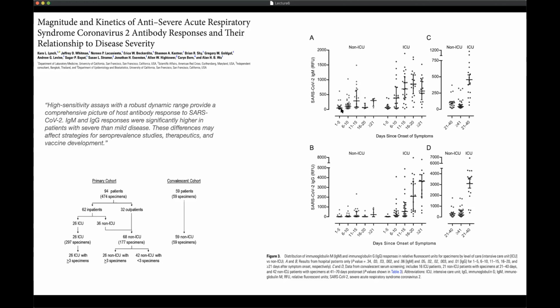In order to compare apples to apples, you would take non-ICU 1 to 5, ICU 1 to 5, and see whether they're different. It doesn't seem there's a whole lot going on early, but once you get to, say, 16-20, so 3 weeks into infection, non-ICU is basically where it was in the beginning. But in the ICU patients, there's a much, much higher level of IgM. And the same for IgG, except you would expect these dynamics to be delayed because IgG comes up later than IgM.